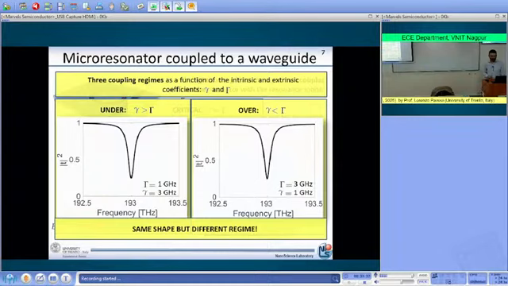Sir, we are taking the y-axis as the modulus of t squared in place of directly t, and there is no drop filter here. This is a complete all-pass filter. So we are getting this as a resonance condition for the critical one. So whatever light is being coupled is again coming out from the same filter, because it's an all-pass filter, as you said.